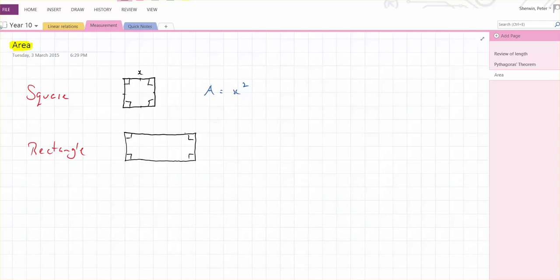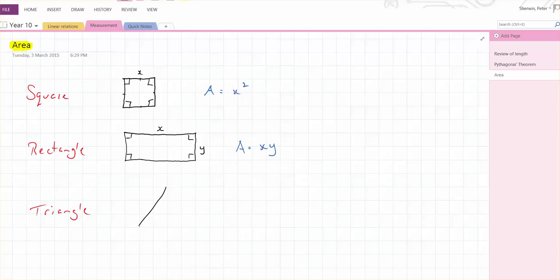If we've got a length of x, say, and a width of y, then our area is simply x times y. As I said, this is old news for all of you, I'm sure, but having a look at it again won't harm us.